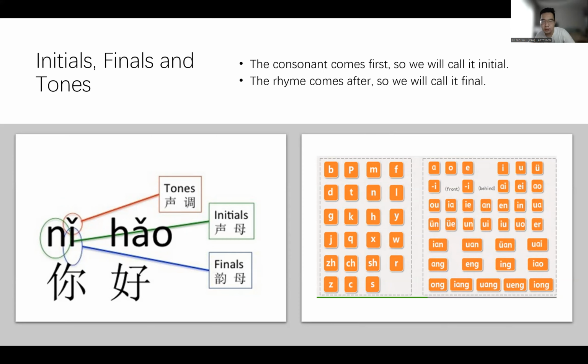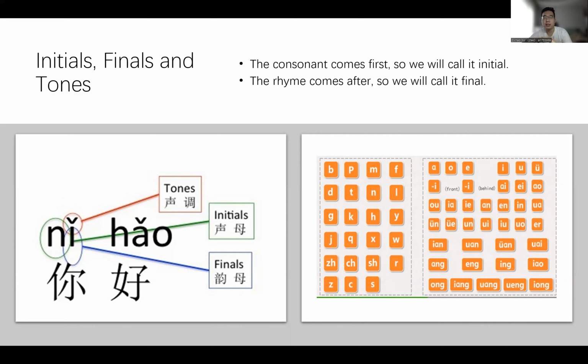The n is the first one. It's the initial, the consonant. It shows at the front, so we call it an initial. The i at the back is the final. The short line is the tone. We will talk about it later because it's another part.